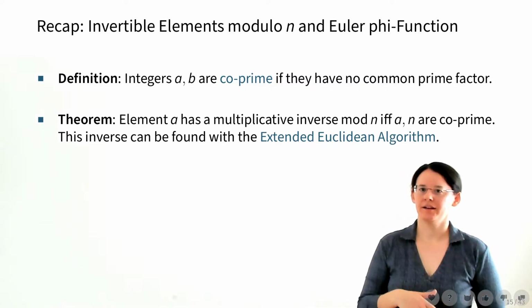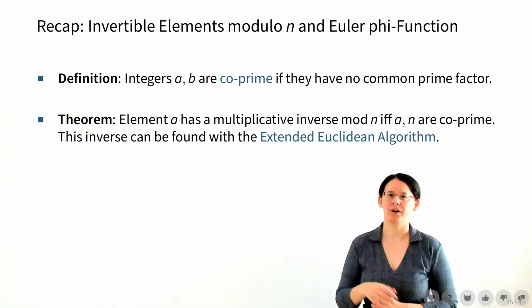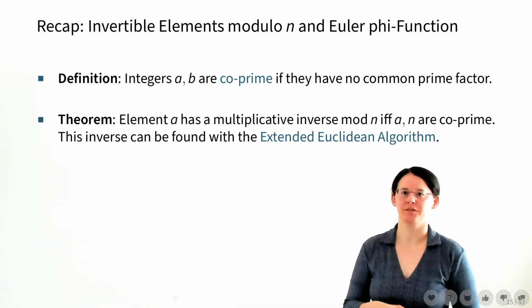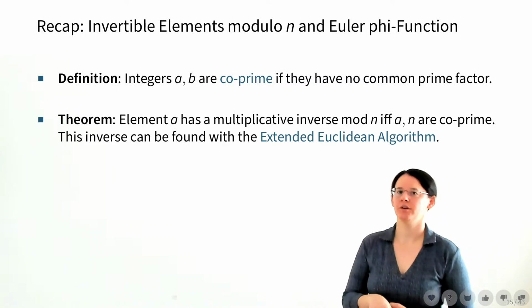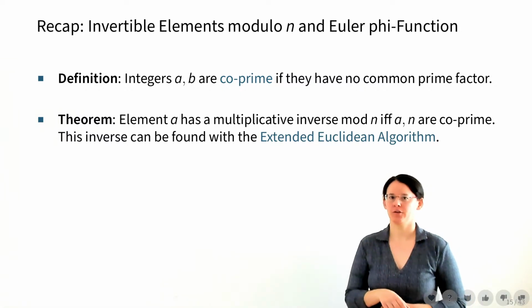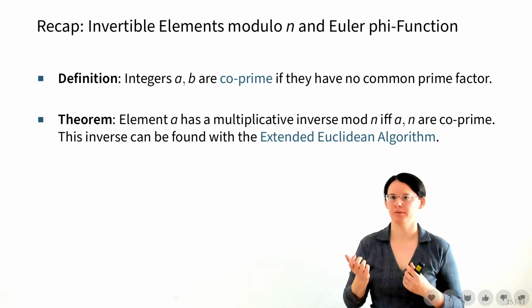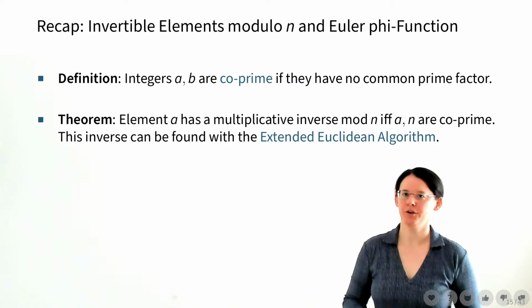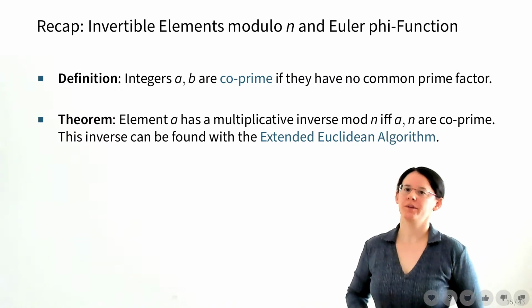So why is this term useful? It's useful because with this coprime property, we can test whether an element has a multiplicative inverse. A number A has such a multiplicative inverse modulo n if and only if the two numbers are coprime. So if the modulus and the number we are trying to invert have no common prime factor, then we can find this inverse, either by setting up the full table, but that's often very inconvenient, or with an algorithm.